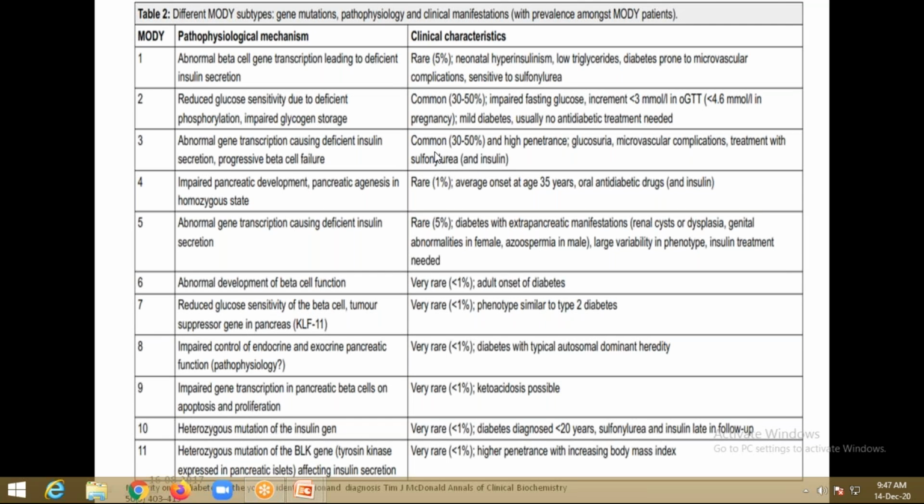If they are not responding to sulfonylurea, then switch to insulin. Then coming to the fourth form, there is impaired pancreatic development, with pancreatic agenesis in the homozygous state. It is very rare, and onset is at an average age of 35 years. They respond to oral anti-diabetic drugs. When they are not responding to that, then go with insulin.